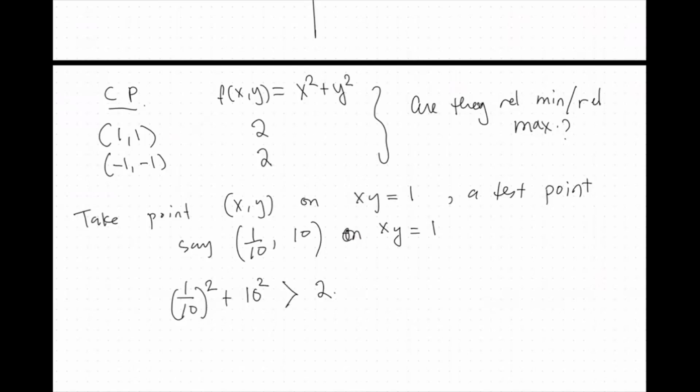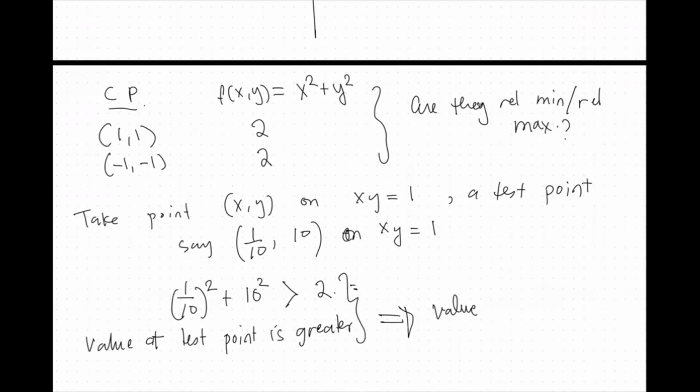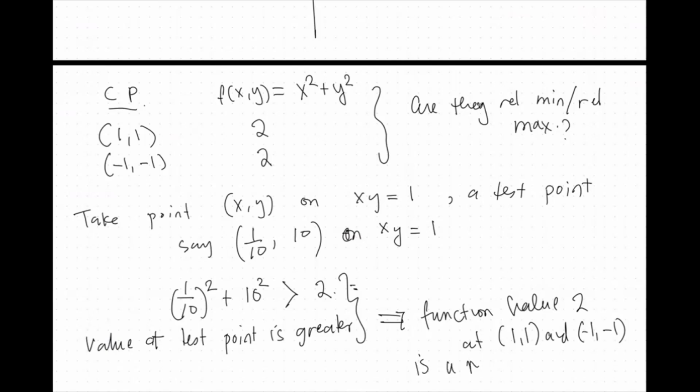This means that if this is greater than our value at these points, the function value 2 at 1, 1 and -1, -1 is a relative minimum value.